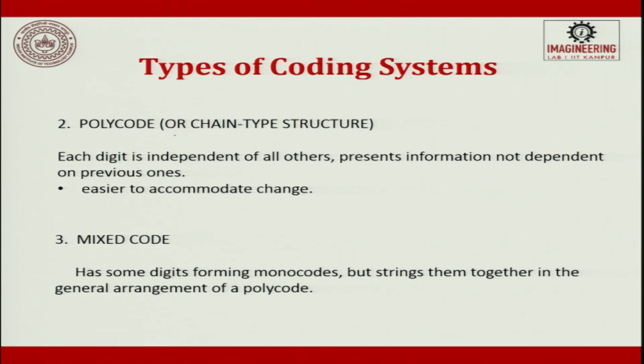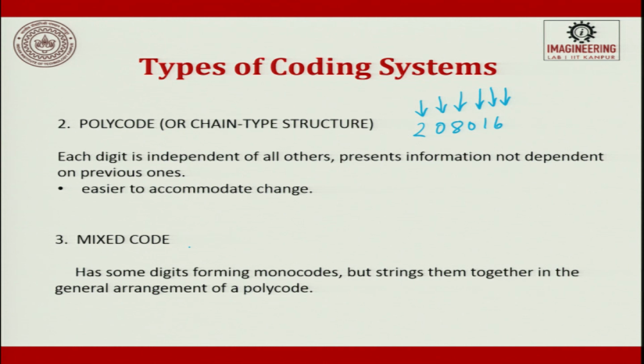When we talk about polycode, or a chain type structure, each digit is independent of all others and presents information not dependent on the previous one. For example, in the same pin code 208016, individual digits have information which has no relevance to the previous digit, but in monocode each digit gets information from the previous digit, or amplification of information is done from the previous digit for the current digit.